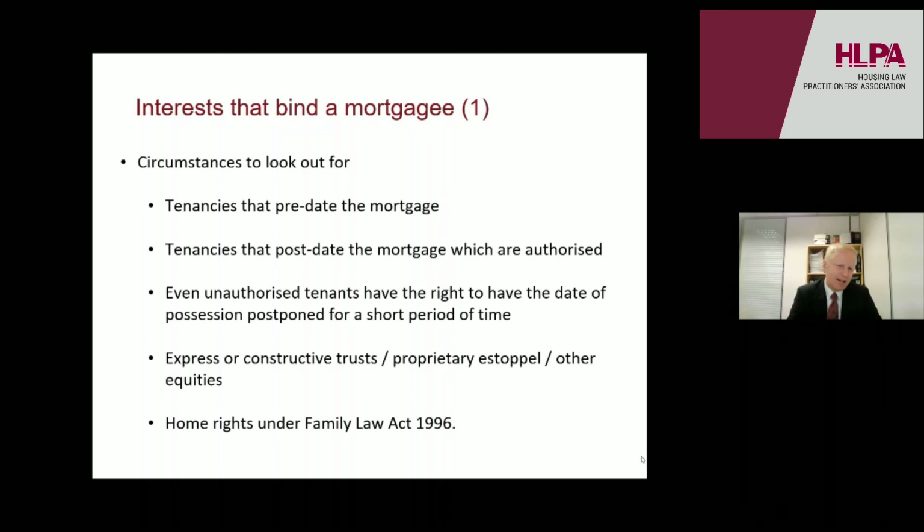They may have a proprietary estoppel, which gives them a proprietary right in the property, and their interests bind the mortgagee. So they essentially have a better right to possession than the mortgagee, and we'll look at those in a bit more detail later. There is also where you have a spouse or civil partner with home rights under the Family Law Act 1996, which also bind the mortgagee.